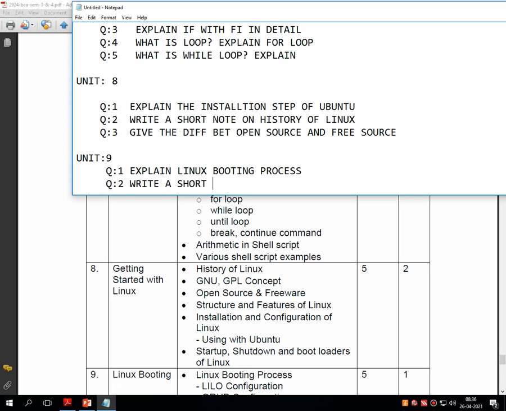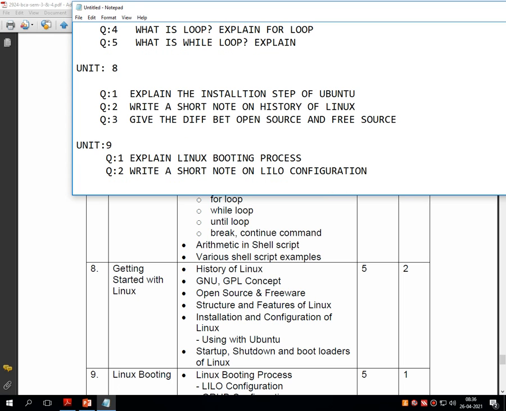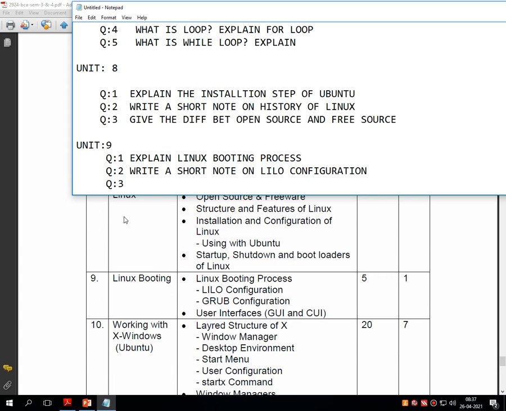Write a short note on LILO configuration. Give the difference between LILO and GRUB.